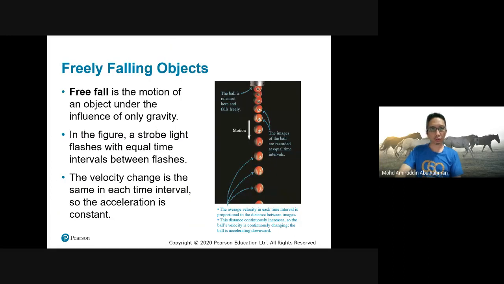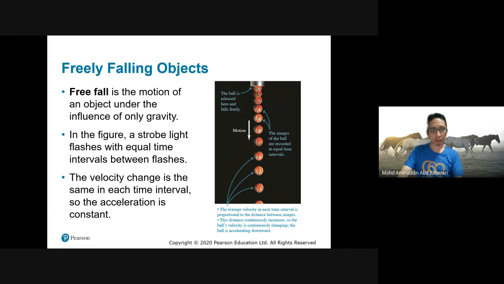You also have the term free fall. Free fall is the motion of an object under the influence of only gravity. As you can see from the figure on the right side, you have a strobe light that flashes with equal time intervals between the flashes.